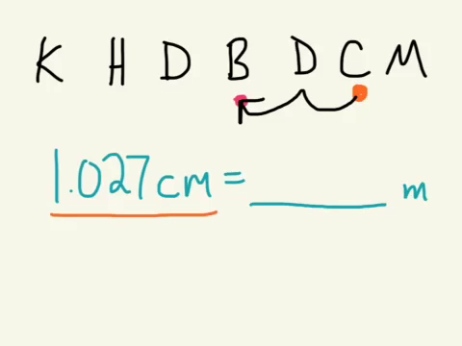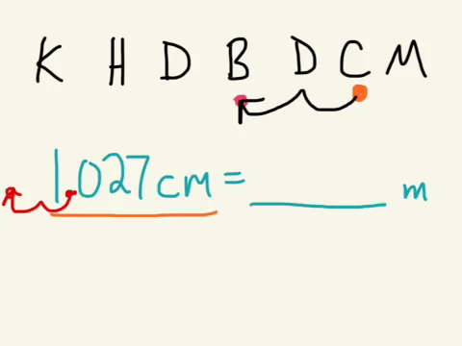With that knowledge now, I'm going to do the same with my decimal point from the 1.027 centimeters. My decimal point is right here. If I could get that. There it is. That's my decimal point. I'm going to take how many steps? 2 steps. 2 steps in this direction to the left.